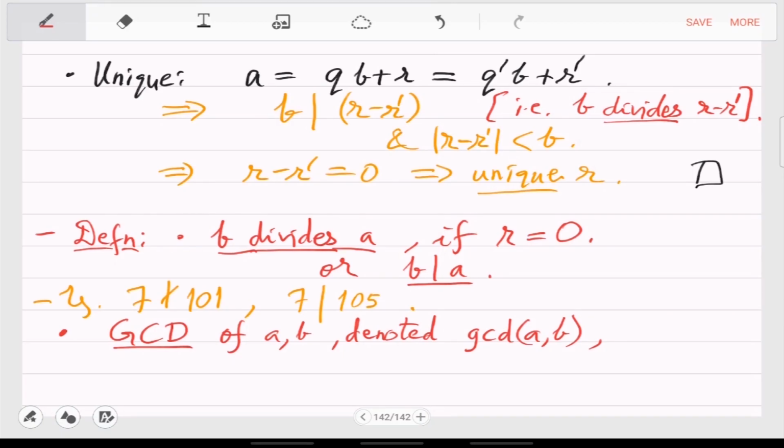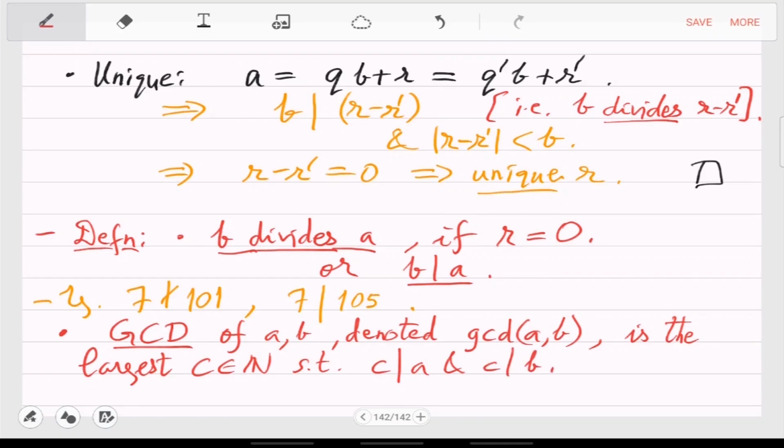So bracket A comma B, this operator means that we are interested in the GCD, greatest common divisor, which again, as you know, is the largest C which divides both of them. The largest number such that C divides A and C divides B.